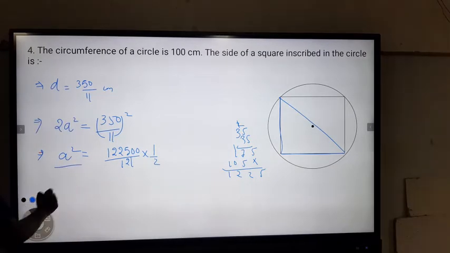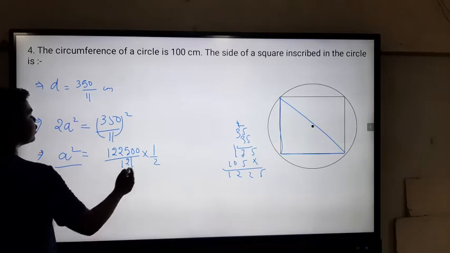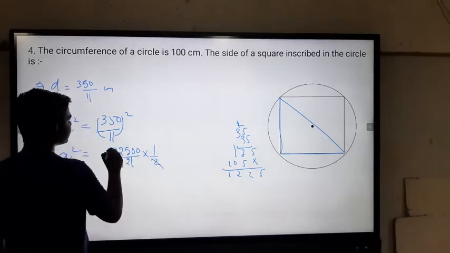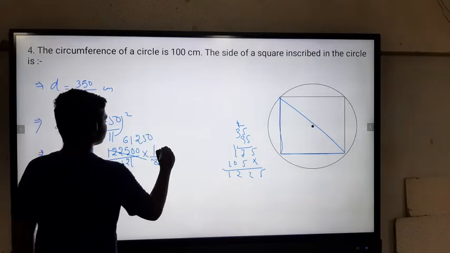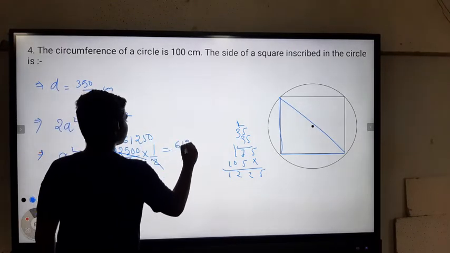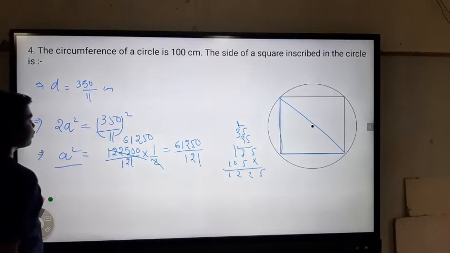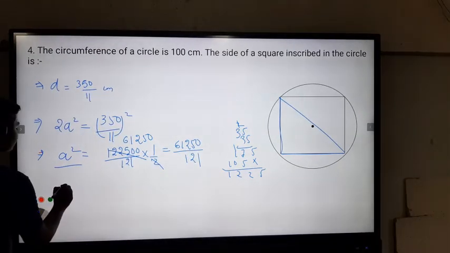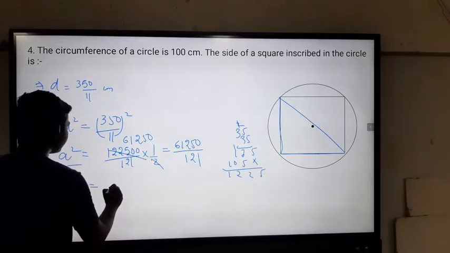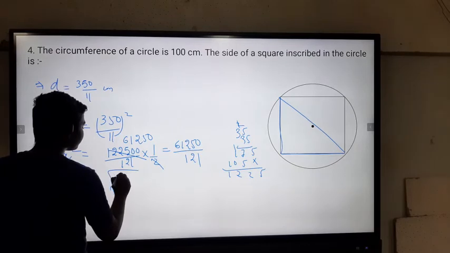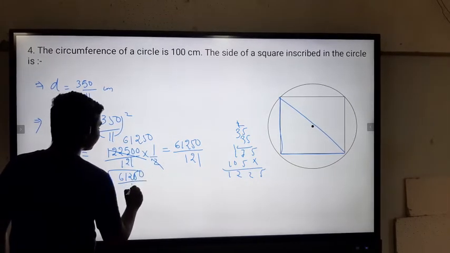So here a square, the side of the square, you will get 122,500 by 121 into 2. So we'll cut this one, and we'll get 61250 by 121. So the side of this square will be root over 61250 divided by 121.